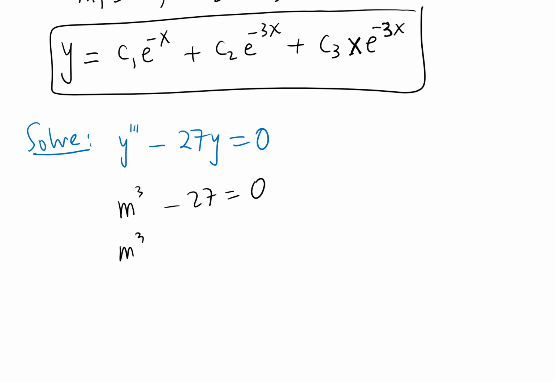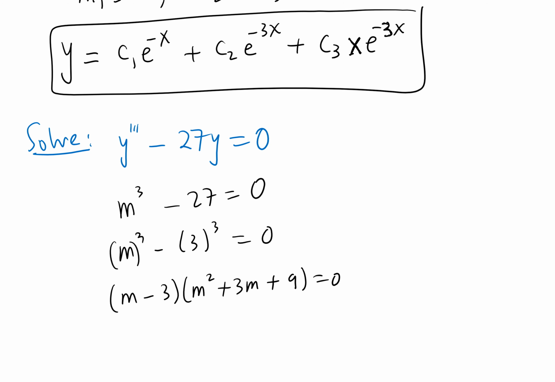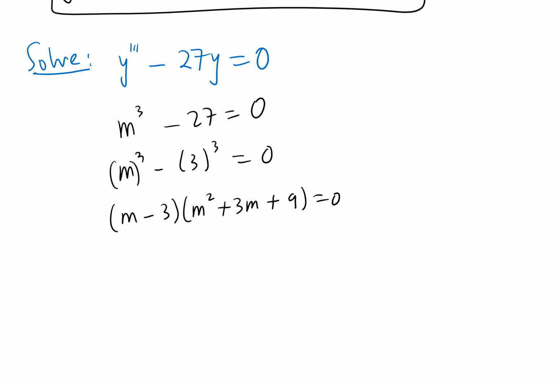This looks like m cubed minus 3 cubed, which we gave you a formula for to review today. Factor this out: m minus 3 times m squared plus 3m plus 9. See, factoring is important for this section. So what do we get?